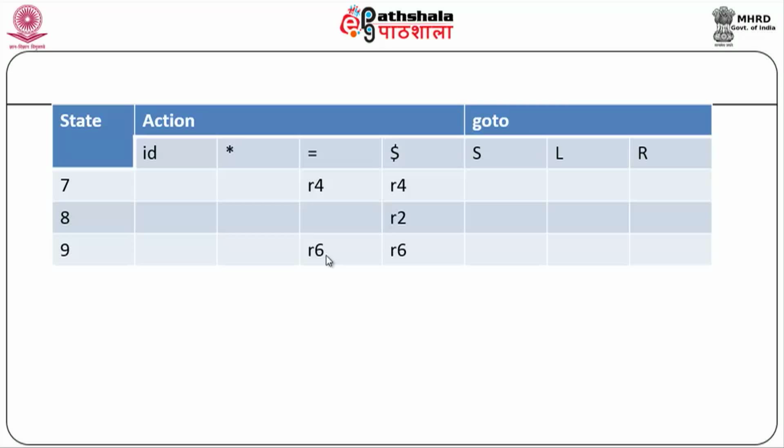So whether it is going to be a dollar or any other input symbol does not matter. That is what we are looking at here, calling it R6 comma R6 at the intersection of 9 and equal to and 9 and dollar. I will have two components here, 9 and equal to will be R6, and 9 comma dollar will also be R6. So instead of having two different rows, I am combining them into a single row. That is what we have done here.